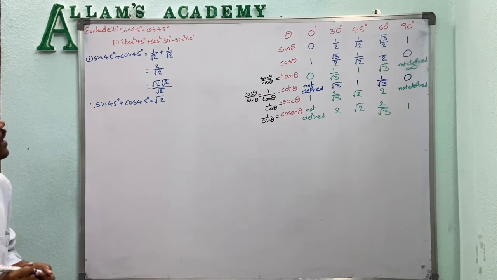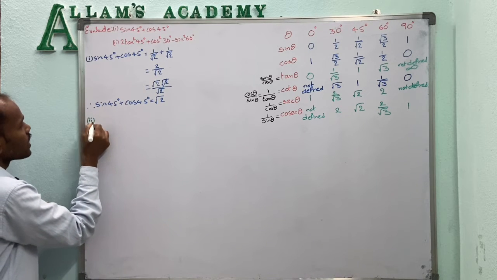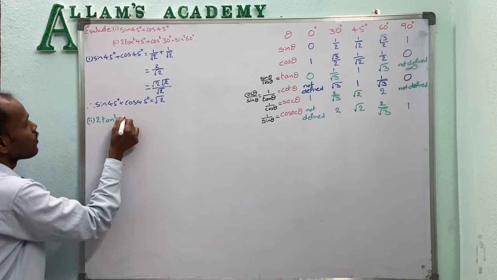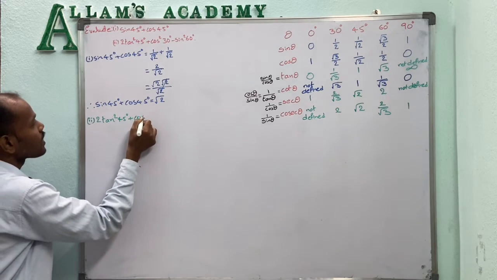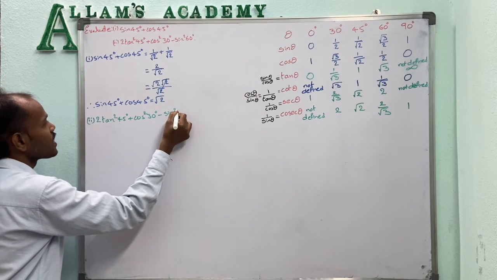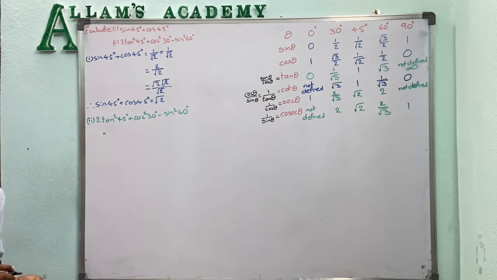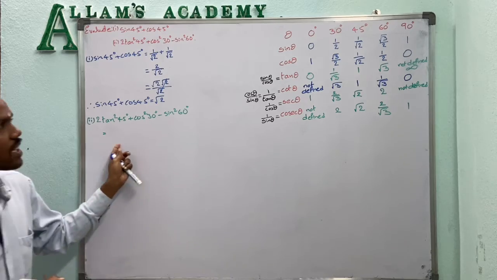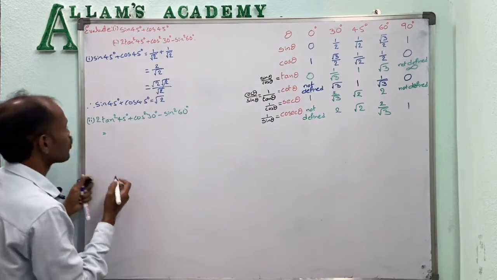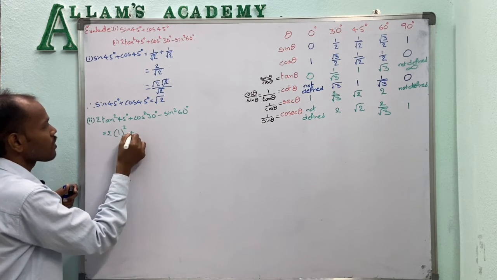Next, the second problem, 2 tan square 45 degrees plus cos square 30 degrees minus sin square 60 degrees. If we observe here, tan 45 degrees is 1. So 2 into 1 whole square.